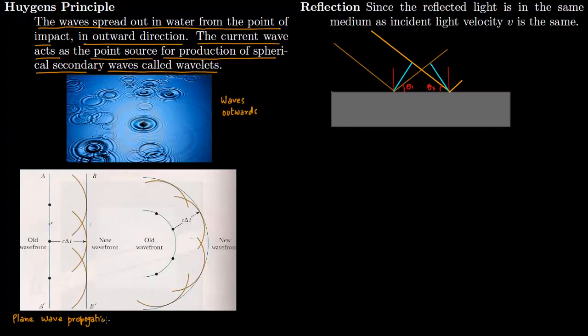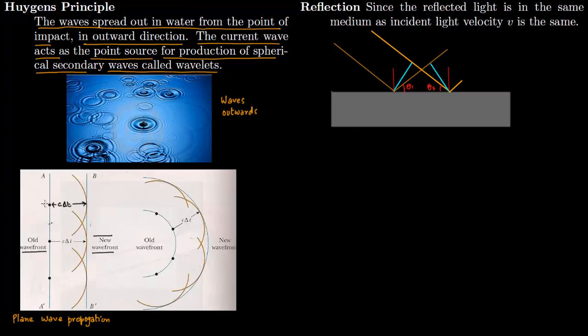So in the plane wave propagation, we have the current front right here, which we are writing as old front. So this is the present front, and we want to form a new front of the plane wave. So what you do is you take a point on this line AA prime and you draw a circle with radius c times delta t, where c is the speed of the wave and delta t is the small time elapsed.